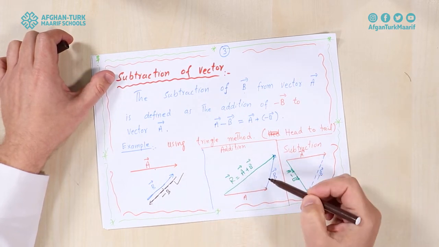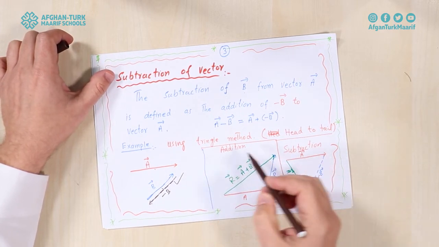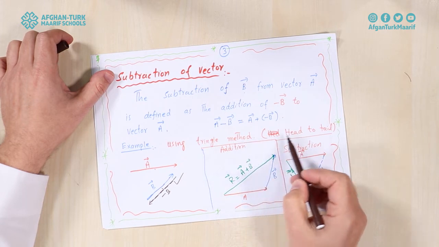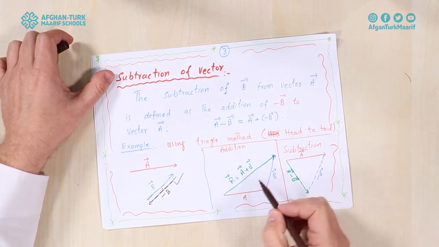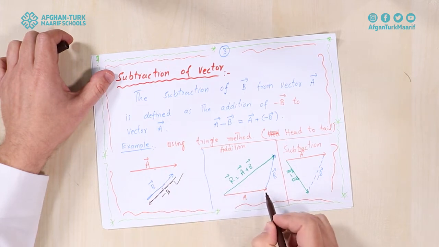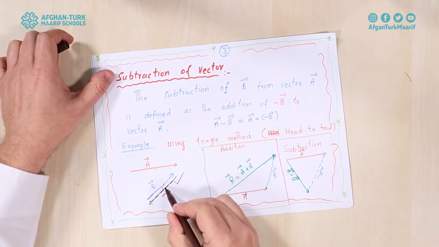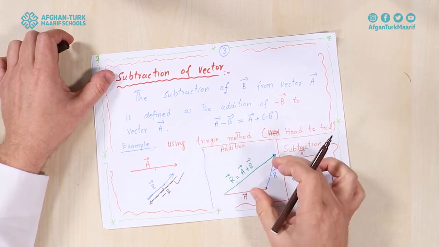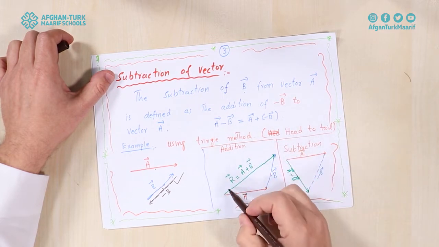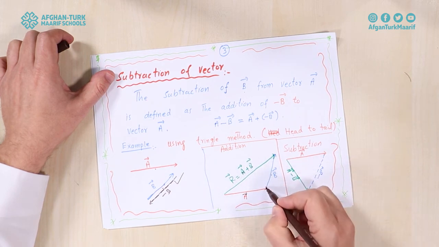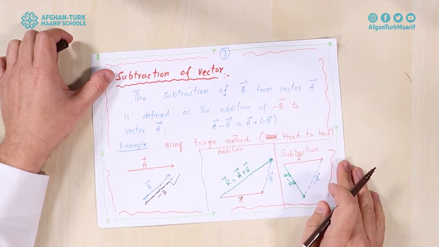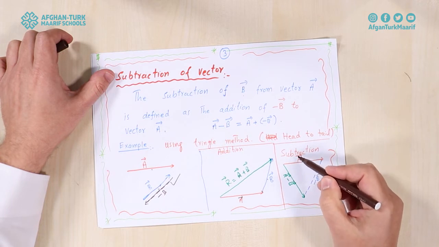Here we can also add these two vectors using the triangular method, which we can also call the head to tail method. Let's suppose this is vector a and this is vector b. First we add these two vectors, and this is the addition a plus b using the head to tail method. And the second one, subtraction.